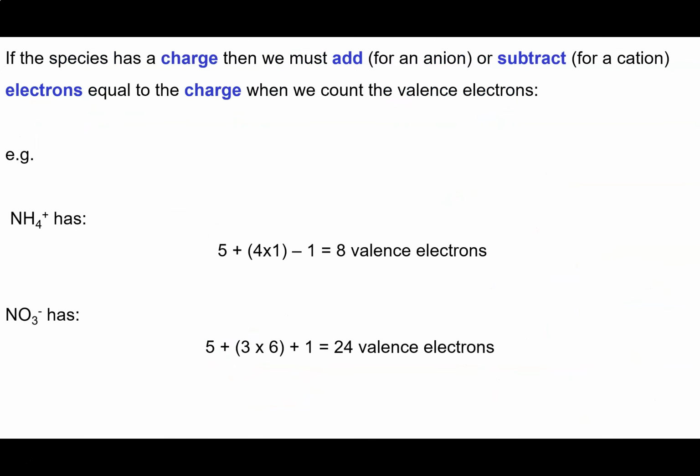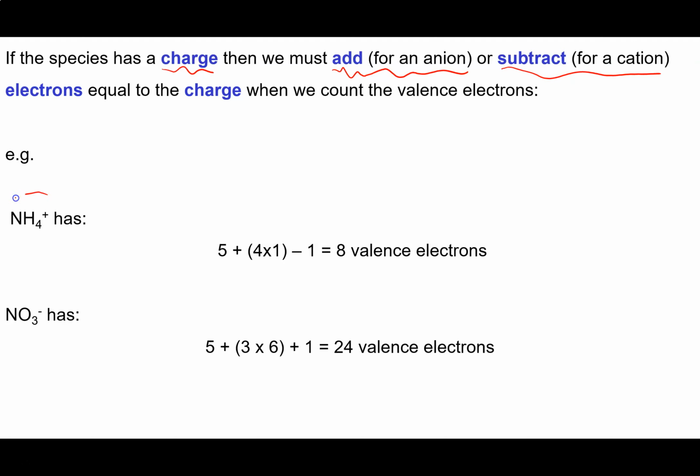Okay. The last thing that we need to keep in mind, which becomes important when we're considering step 1, is if the thing that you're trying to draw a Lewis diagram for has a charge, then you have to add in electrons for every negative charge or subtract away an electron for every positive charge in order to get the correct count of valence electrons.